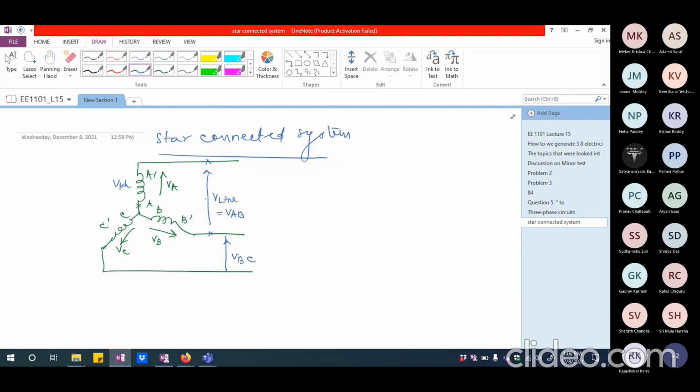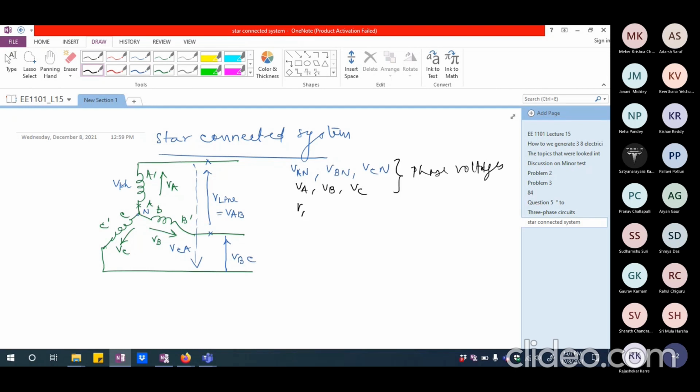Similarly, line C with respect to line A, we call VCA. So we would call VA or VAN, because this is neutral. So VAN, VBN and VCN, or simply VA, VB and VC, these are phase voltages.